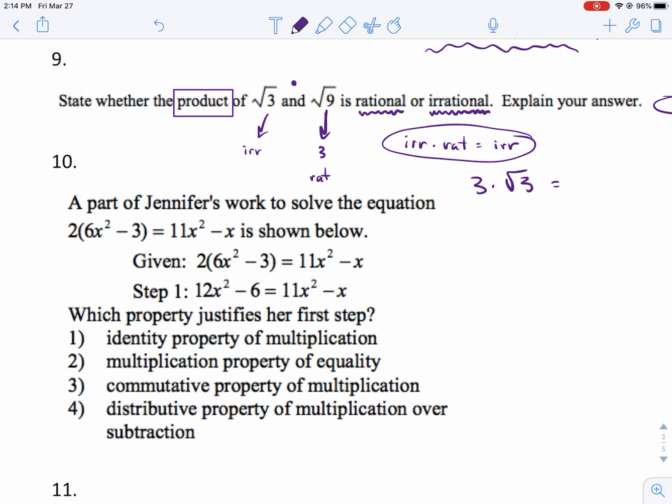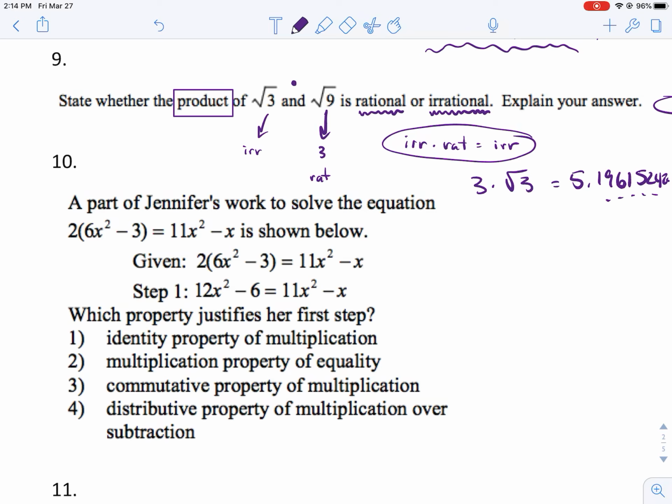All right, and if you plug that into your calculator, you should get 5.196152423. Right? Should keep going. Your calculator just runs out of space, and then if you math frac that, it stays the same. So that's a little trick you can use when you get these big, long, nasty decimals.